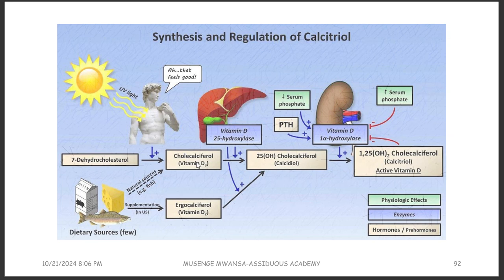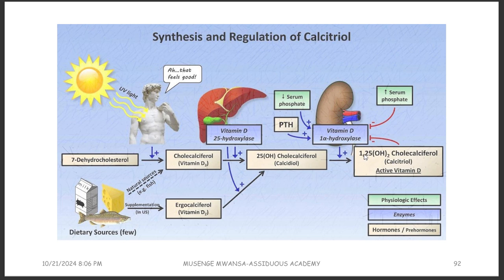And then the cholecalciferol will be acted on by 25 hydroxylase found in the liver to be converted to 25 hydroxycholecalciferol, which is also known as calcidiol. This calcidiol will now be acted on by 1 alpha hydroxylase, which is produced by the kidney, to be converted to 1,25 dihydroxycholecalciferol, which is also known as calcitriol, which is the active vitamin D.